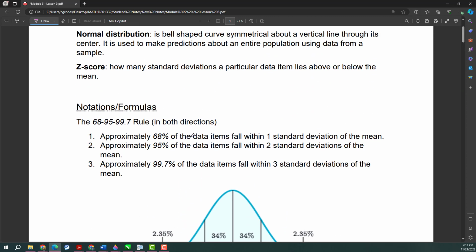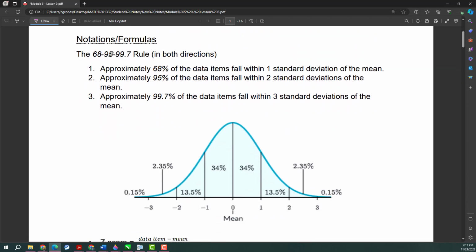So the way that this works, it says that we have the 68, 95, and 99.7 rule. So it says that approximately 68% of the data items fall within one standard deviation of the mean. So we learned how to calculate standard deviation in the last lesson.